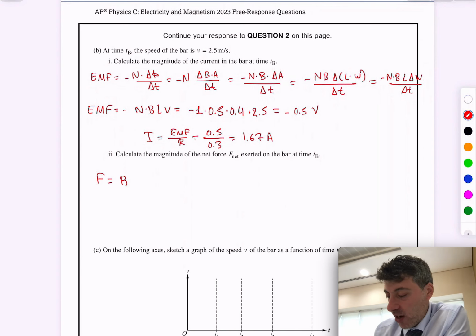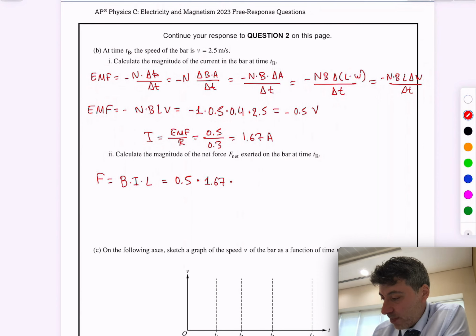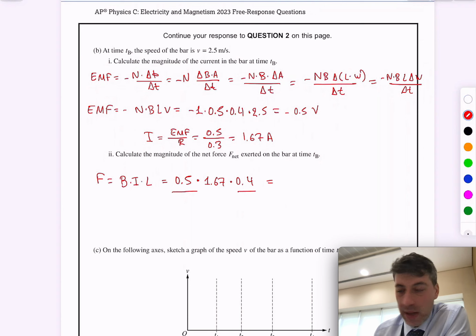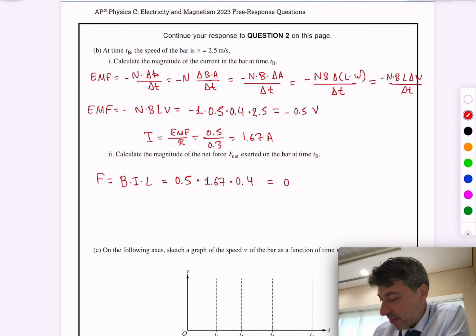So this force is equal to B I L, and this is the magnetic field again, 0.5, the current we found, 1.67, and the length was 0.4. This is 0.2 times 1.67, so it will be around 0.33 newtons.